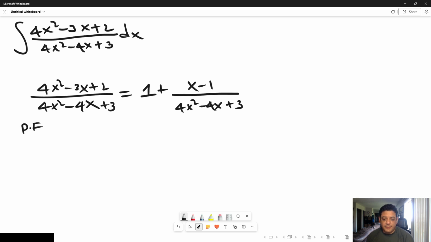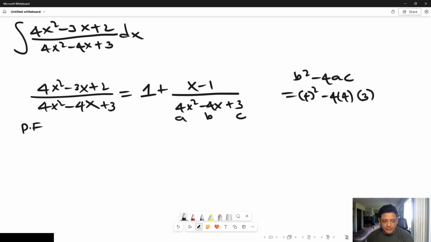Of course, normally what happens is that you try to factor this out, but notice that if this is a, b, and c, then we check that b squared minus 4ac is what? This is 4 squared minus 4 times a, which is also 4, times c, which is 3.